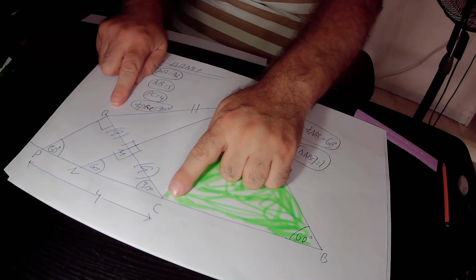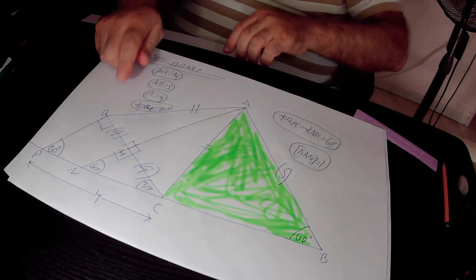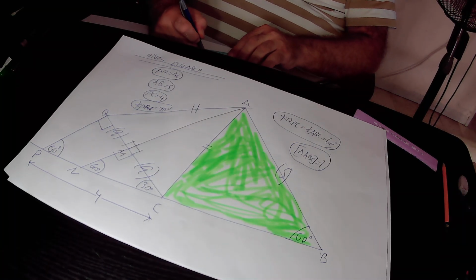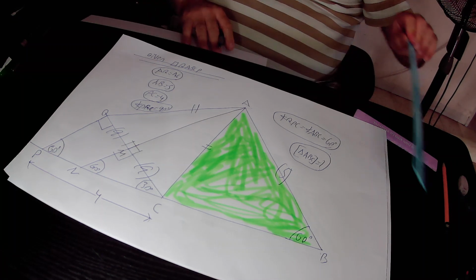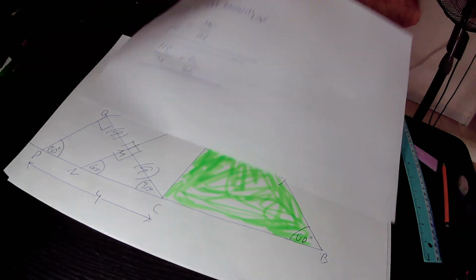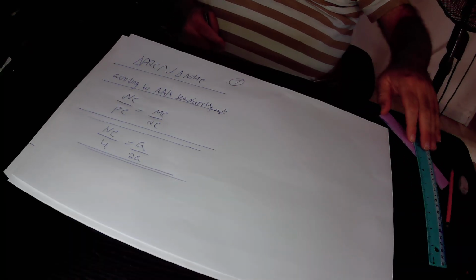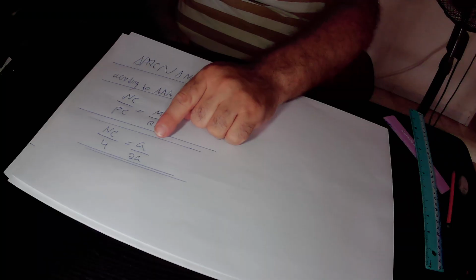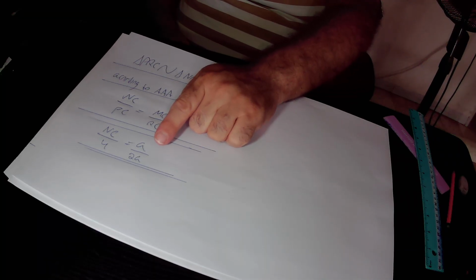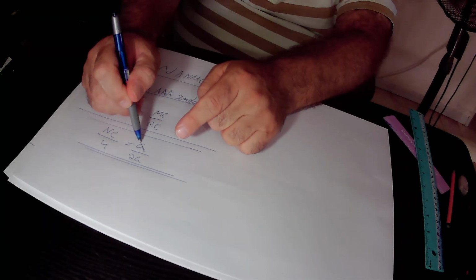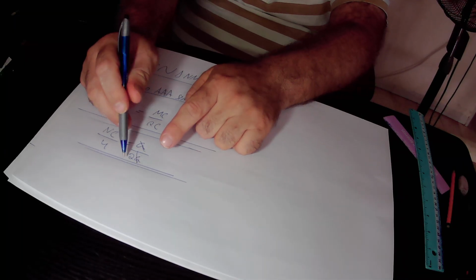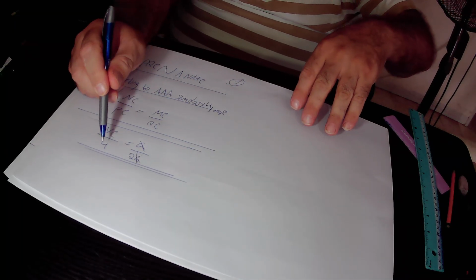QC in total equals a plus a, that is 2a. So we found out that NC over 4 equals a over 2a. We have a in the numerator and a in the denominator, so a will get cancelled. So on this side of the equation we are left only with 1/2, that equals NC over 4.